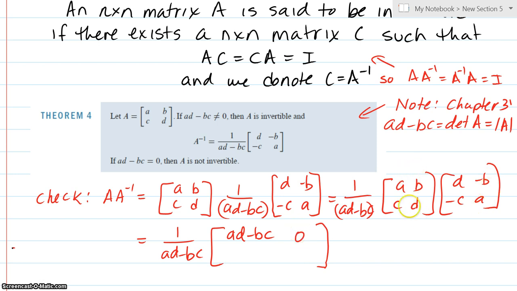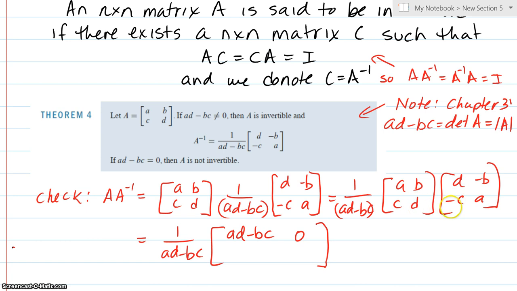The same as the second row, first column, that will be CD minus CD, so that would be 0 again. And then finally, the second row, second column would be negative CB plus AD. And you can see when you multiply that together, you will get the identity. So on your own, you guys could check the other side.